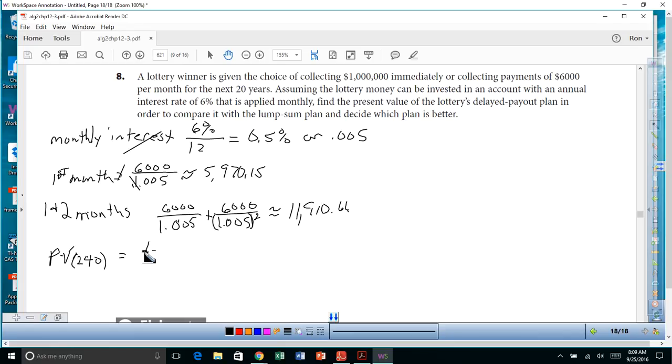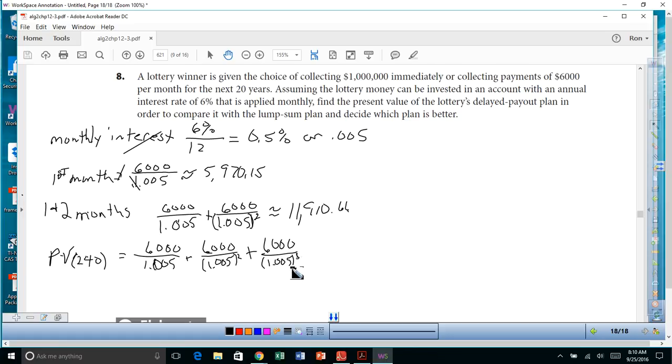Okay, that's going to be 6,000 over 1.005 plus 6,000 over 1.005 squared, and then plus 6,000 over 1.005 to the third.